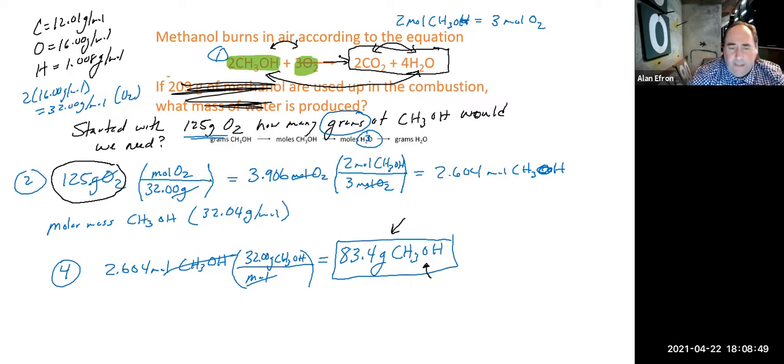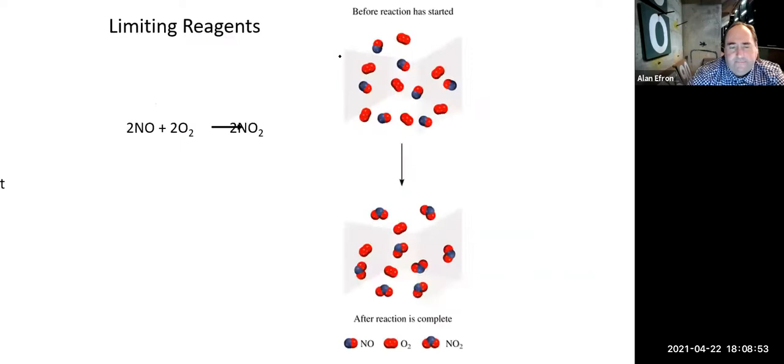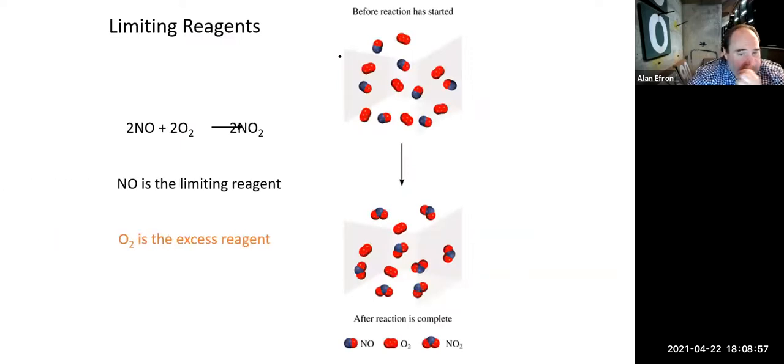And this occurs when we have what is referred to as limiting reagents. They're called limiting reagents, or sometimes limiting reactants. I kind of messed up all the arrows on this, so let me just redo this one here.